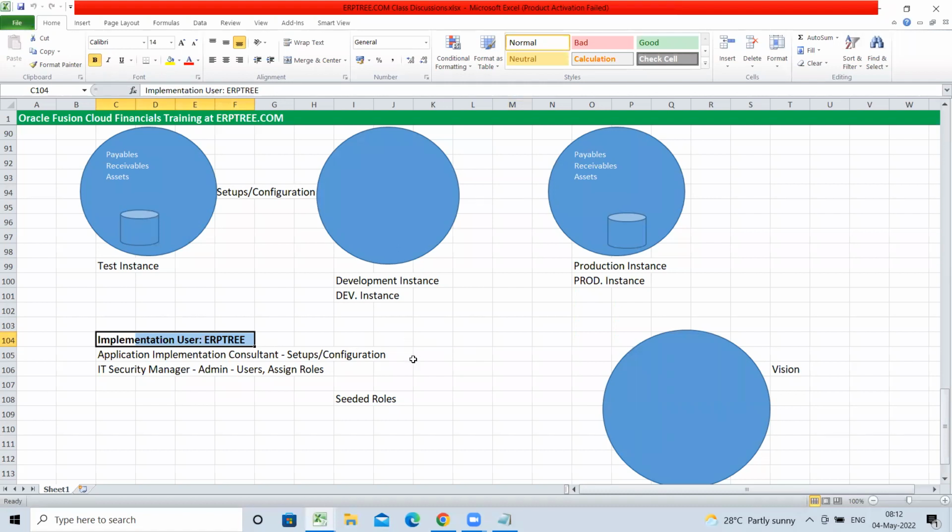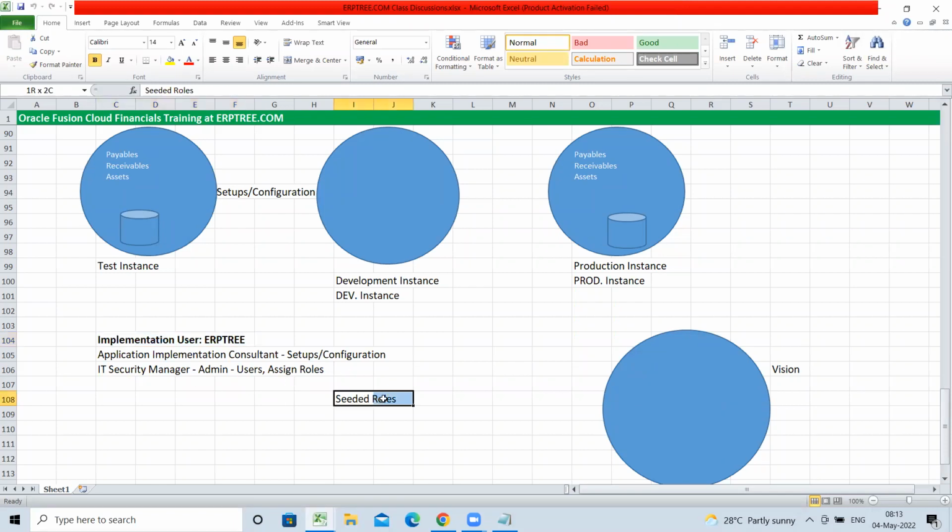If you are going to implement payables, whatever setups we have to do, you can do by using the Application Implementation Consultant. The same way, for any application, if you want to do the setups, we require this role. And the IT Security Manager allows us to create users and assign the required roles to users.